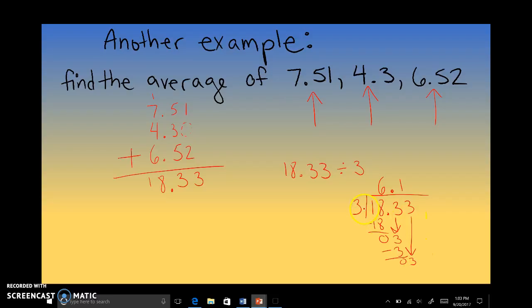How many times does 3 go into 3? 1 time. 3 times 1 is 3. 3 minus 3 is 0. And because we have no more numbers in our dividend and 0 down here, we are at our final answer. So the average of these 3 numbers is 6.11.